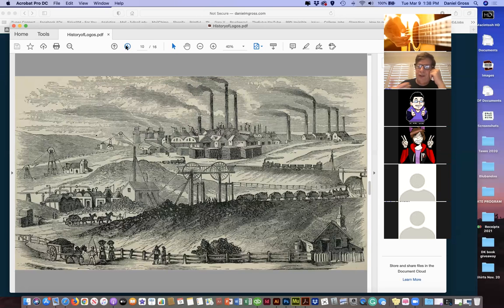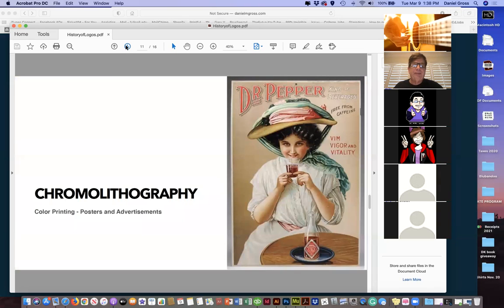And with this industrial age came companies. And with the idea of companies came trademarks and logos, because we want to be able to identify the products coming from particular companies because we like their products and services.